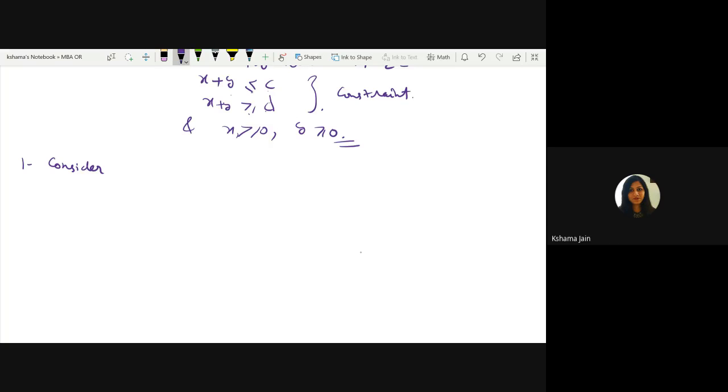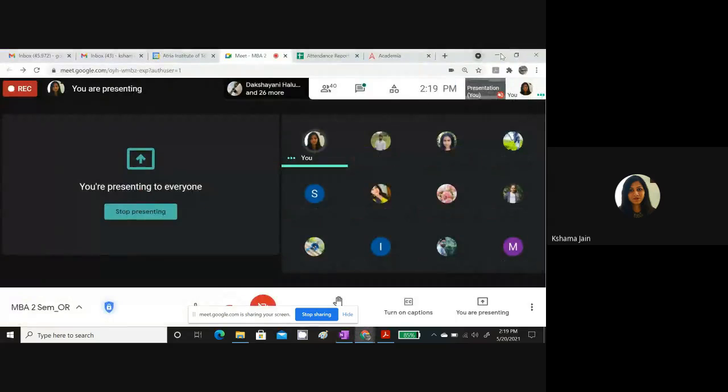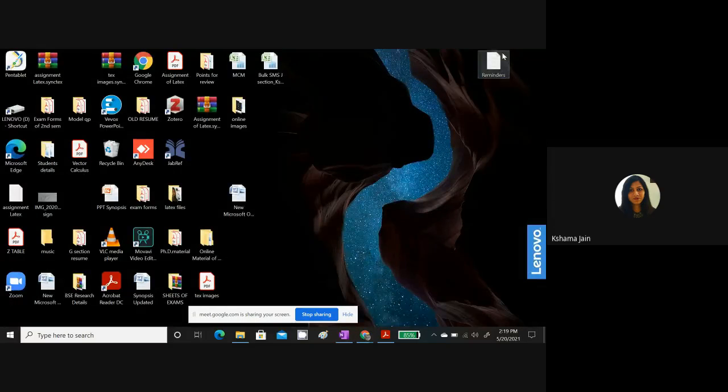Consider a chocolate manufacturing company that produces only two types of chocolates, A and B, capital A and capital B. Any company which is producing two types of chocolates, chocolate A and chocolate B.